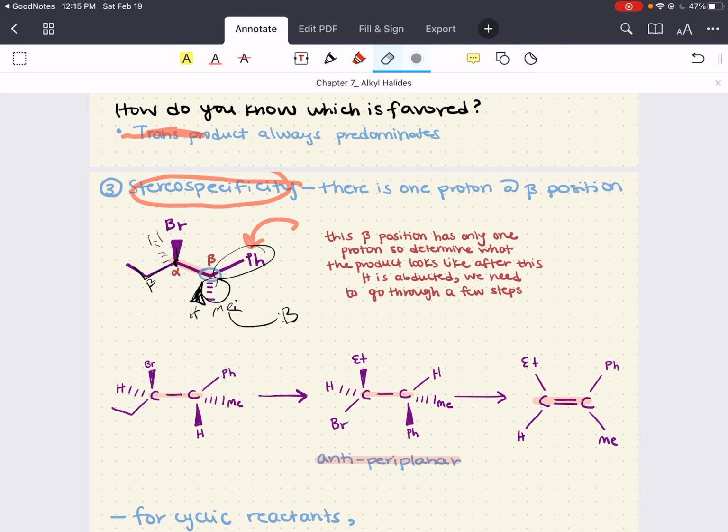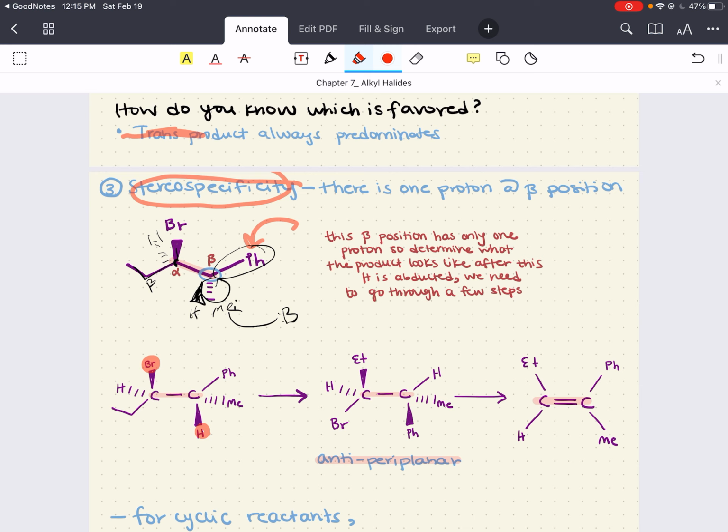Now that you've drawn everything, your next step is to make sure that the hydrogen on one side and the halogen on the other side, on the alpha, are across from each other on straight lines. So we need to get it to be anti-periplanar.